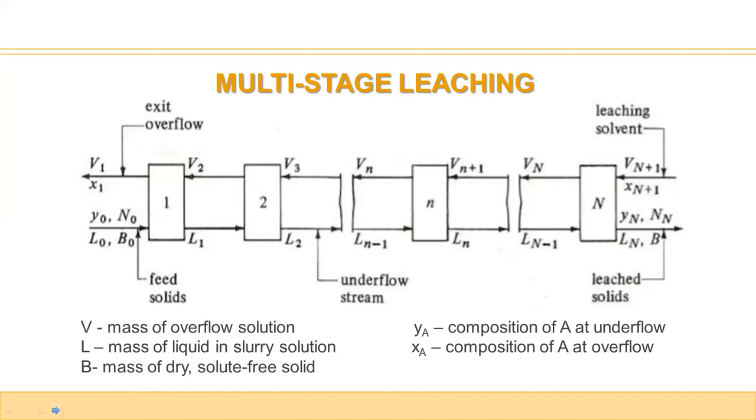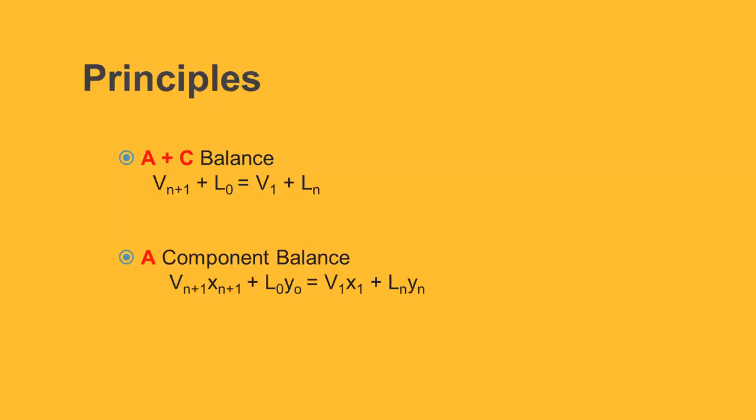So the next problem that we have, most of the problems in leaching are, shall we say in our language, mano-mano when we solve it, because if you don't want really to use the graphical approach, you have to do material balance in stage-wise fashion. Like from first stage to second stage to third stage and so on and so forth.